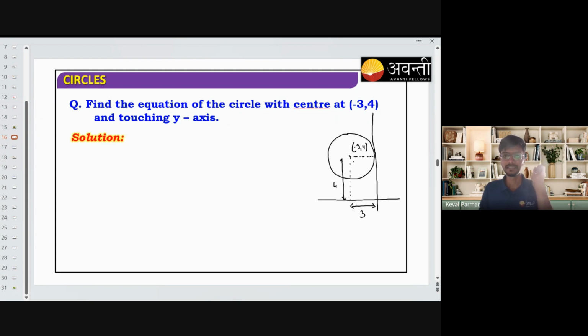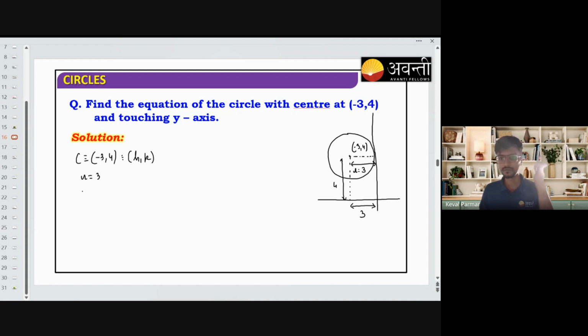If this is 3, then I think this is also 3, right? So this is the radius. As you can see, radius is 3 and the center is minus 3 comma 4. So we take the center as h comma k and radius is 3.